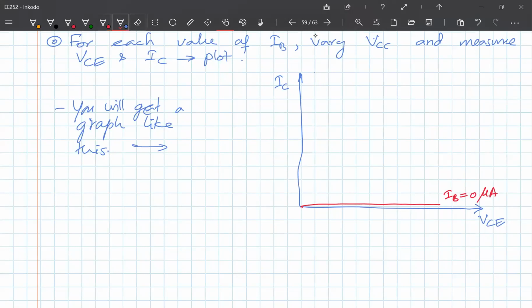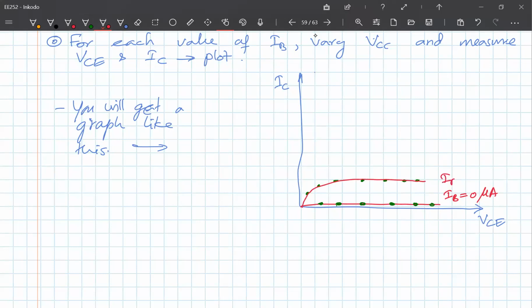As you change the values, you will measure. So I change VCE and IC. They will be something like that, almost 0. Okay. So IB is equal to 0 microamperes. Now, if I change IB to some other value, let's say 10 microamperes, it will initially increase, and again it will come to something like that. So if I plot it, it would look something like this.